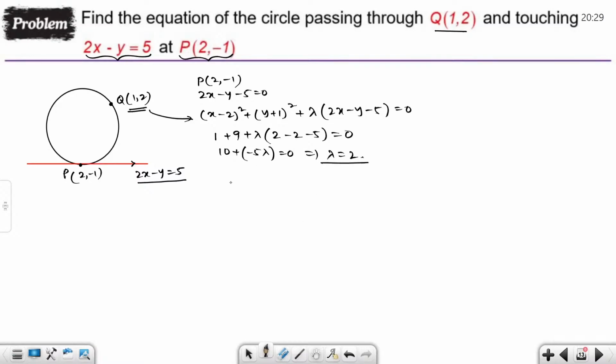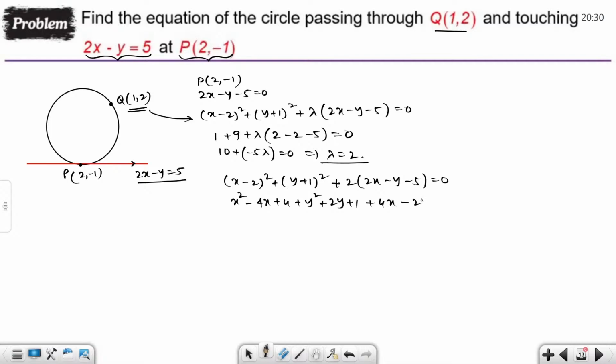So therefore the equation is, let me just simplify a little bit. So the equation is coming to, is it clear? So this is the required equation of the circle.